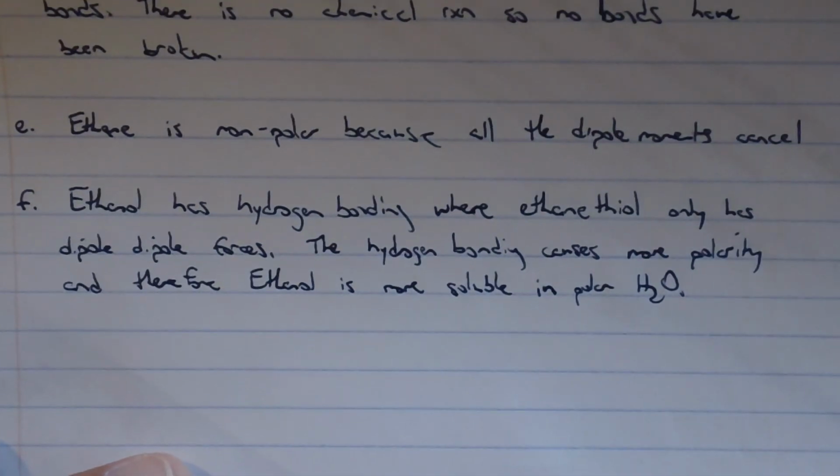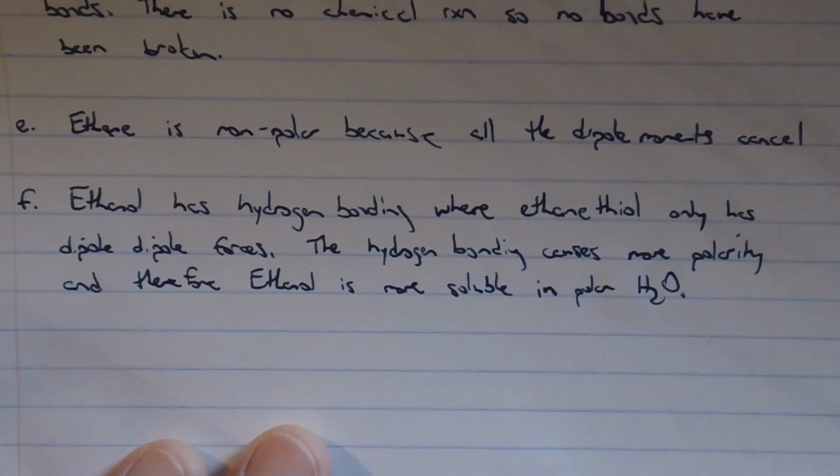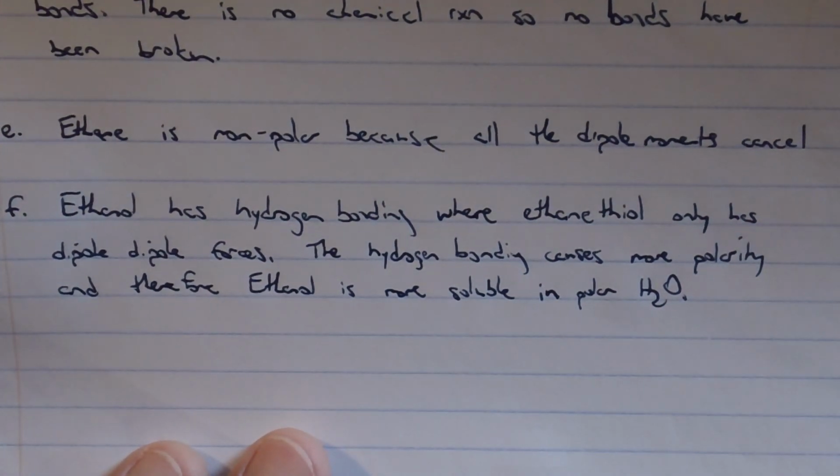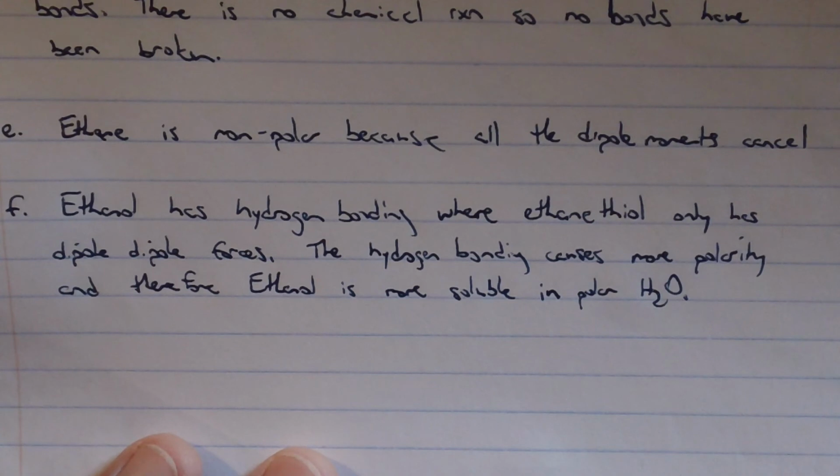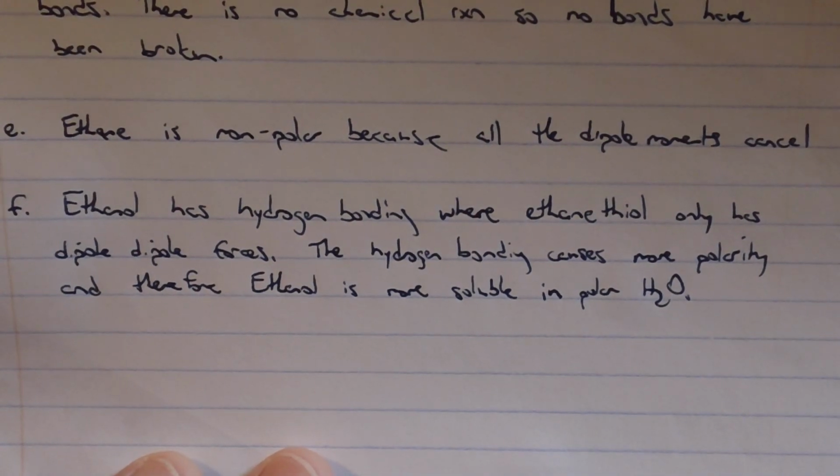That's it. Let me get the answer on the screen. That's it. The polarity of the water is going to attract the hydrogen bonds on the ethanol and cause that thing to dissolve. That's it.